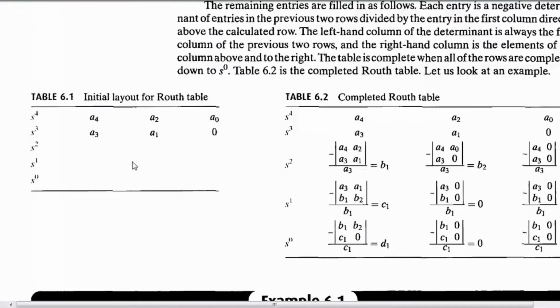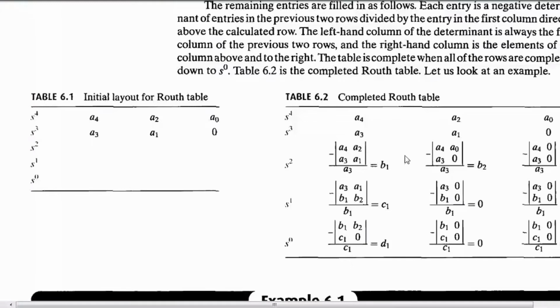So how are we going to solve them? We will see in table 6.2. ये तो हमारे पास आ गए A4, A2 and A0 and A3, A1 and 0, and then we'll go further.